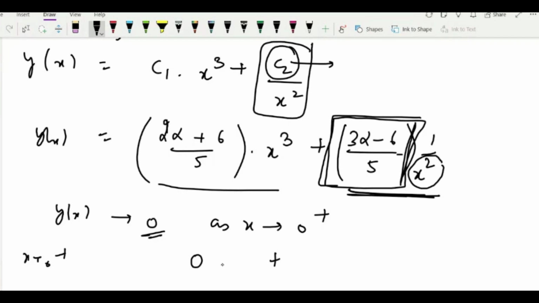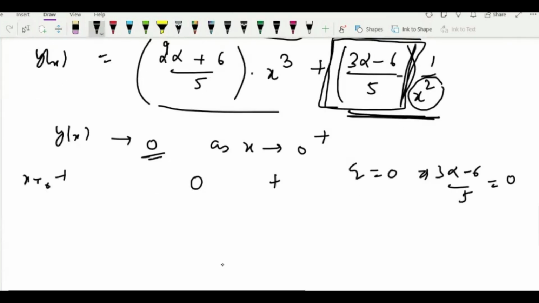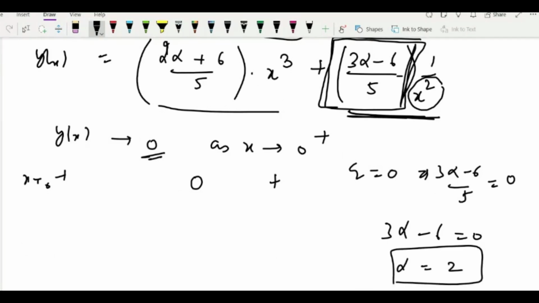We will choose here c2 as 0, which will give 3 alpha minus 6 by 5 is equal to 0, which gives 3 alpha minus 6 is equal to 0, which gives alpha is equal to 2.